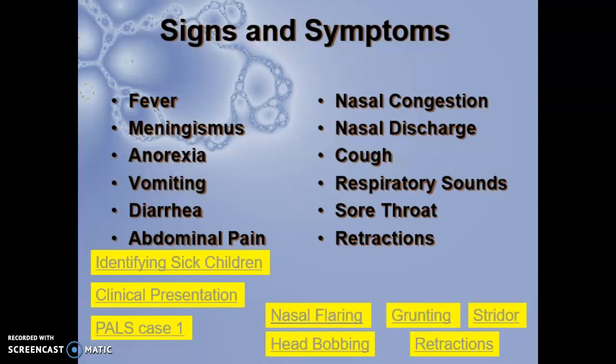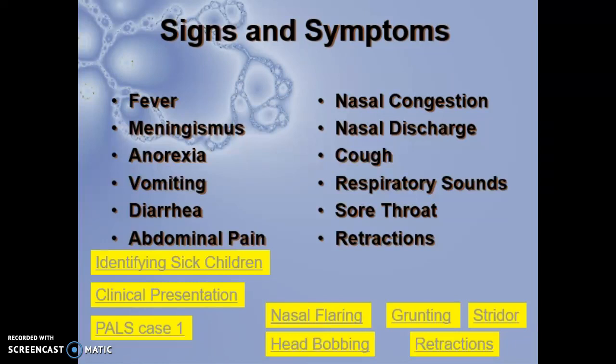So respiratory sounds include grunting, which is a sound that is made at the end of an exhalation, and it is a moaning or a crying sound. What it means is that children are trying to keep their alveoli open by creating this sound, and it is also referred to as auto PEEP.